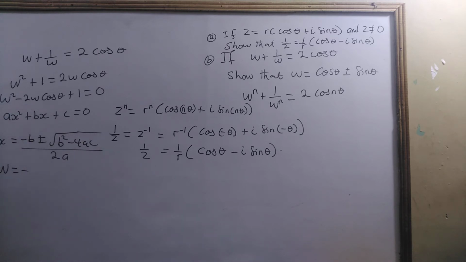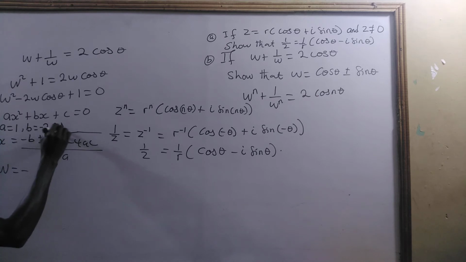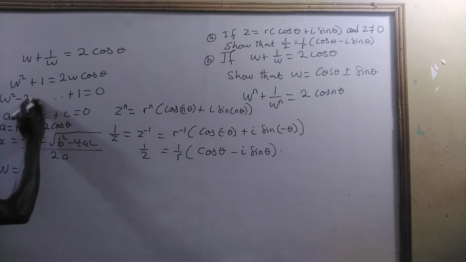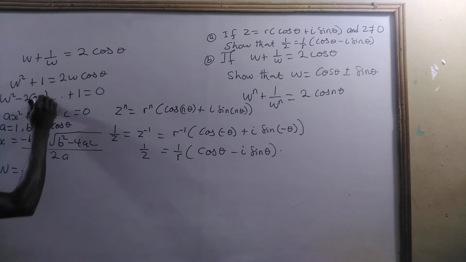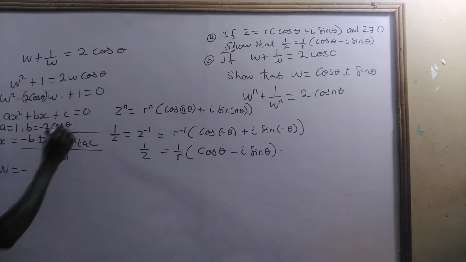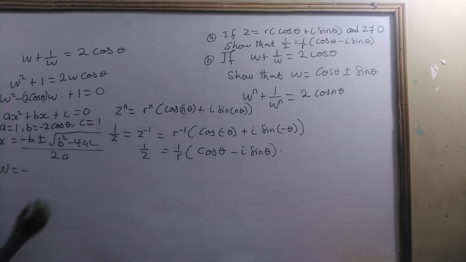Here, by comparing, a is 1 and then b is equal to negative 2 cosine of theta, then we put w here, and c equal to positive 1.